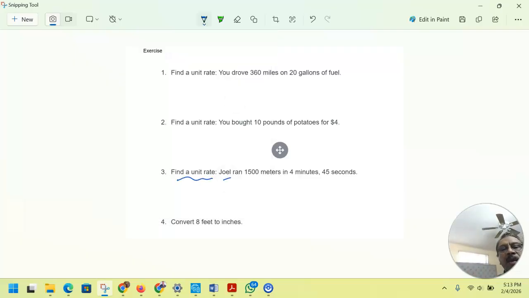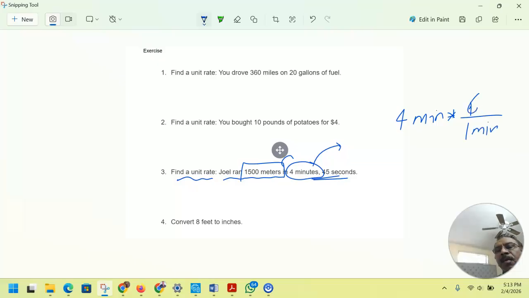The next question is to find the unit rate. Joel ran 1,500 meters and it took him 4 minutes and 45 seconds. So we can first convert the 4 minutes into seconds. 1 minute is 60 seconds, so we can cross out the minute and get 4 times 60 seconds, which is 240 seconds.